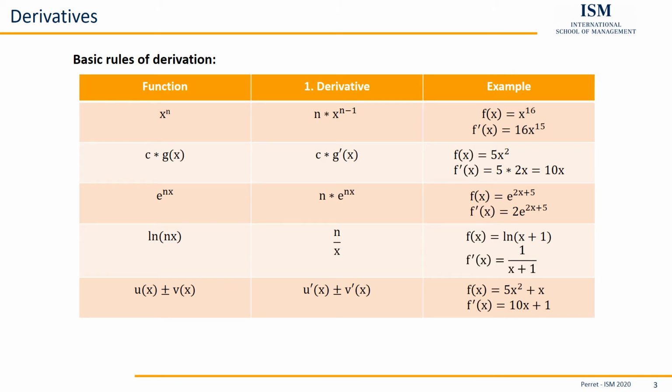However, with plus and minus, as with, for example, here 5x squared plus x, I can first take the derivative of 5x squared, which is 10x, as we've seen above, and then of x. Well, x is x to the power of 1, so I pull the 1 in front.